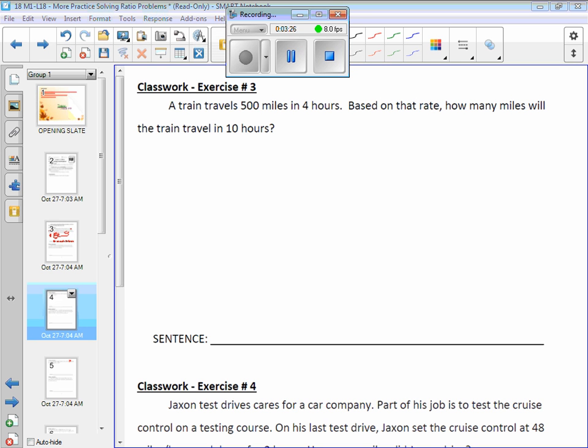Oh, well, you've given me the given ratio. What are we comparing? Miles. Okay. And then give me that ratio again. Okay. Where does 10 go? Top or bottom?